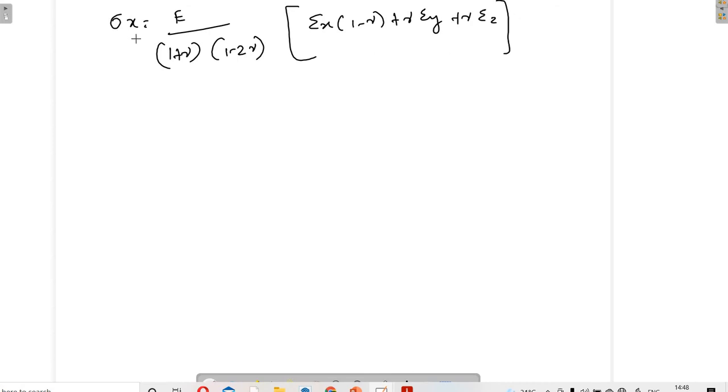Now we have the relation of stress in x direction with all strain components. So keep this as equation number 6.